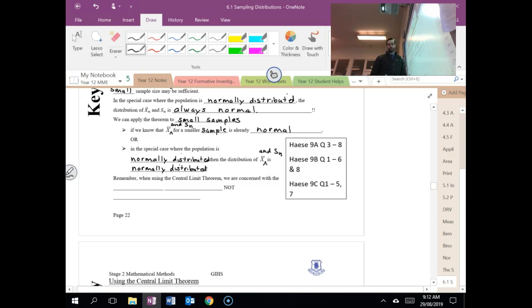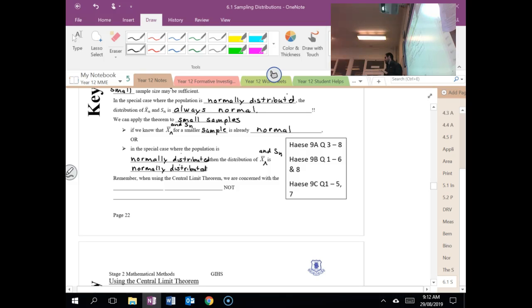So just to explain the top point, if we've got a sample size of 5 and they show us the distribution of the means or the sums for a sample of 5, and we can see that that's close enough to be approximately normal, then we know that everything above it is going to be approximately normal as well.